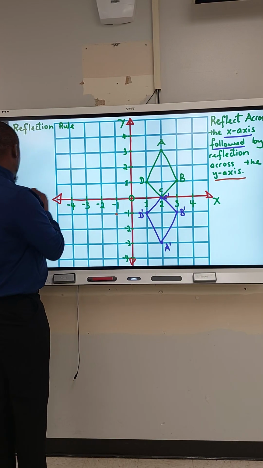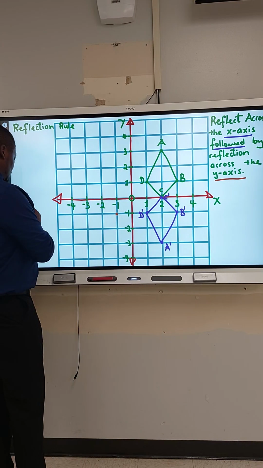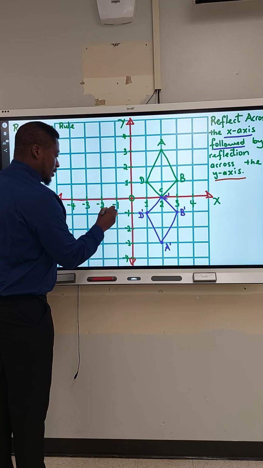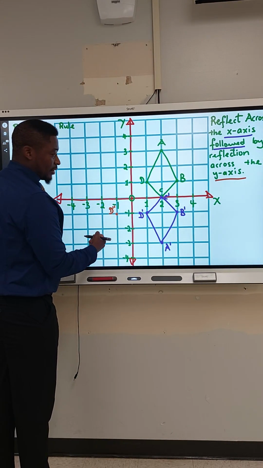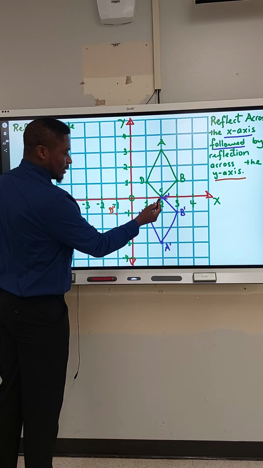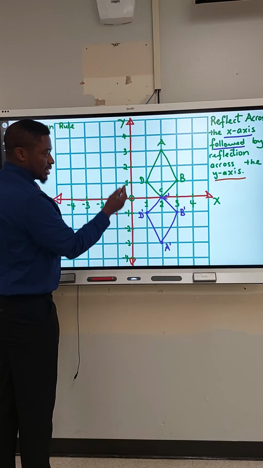D double prime will be right here, 1 unit also away from the mirror. Now, this C prime that is on the mirror here is now being reflected across the y-axis.